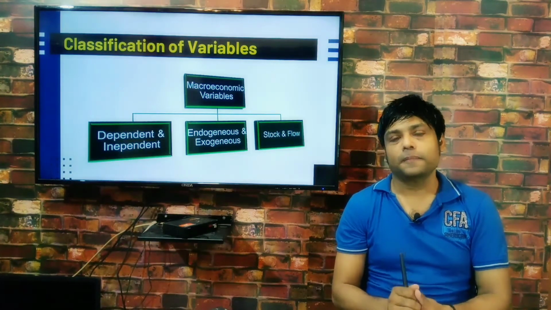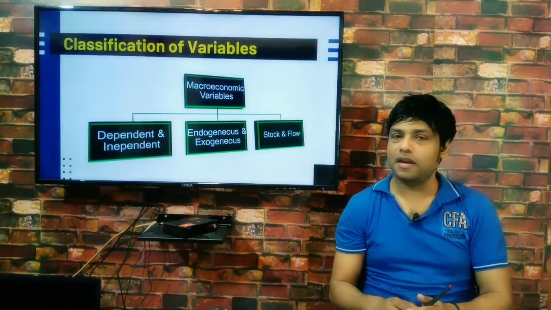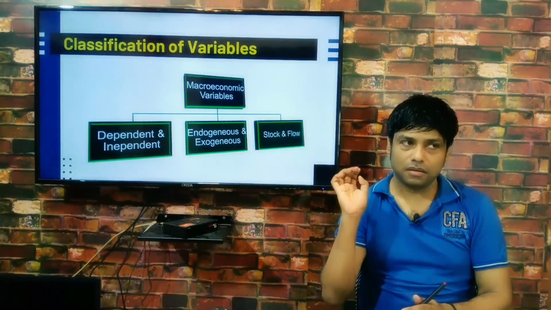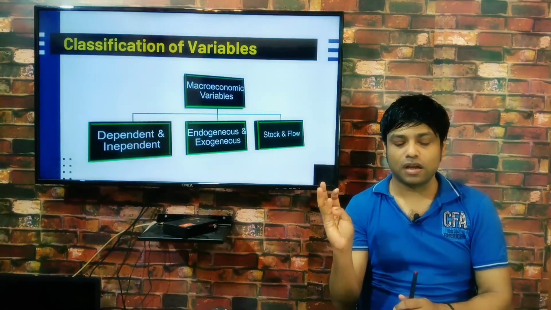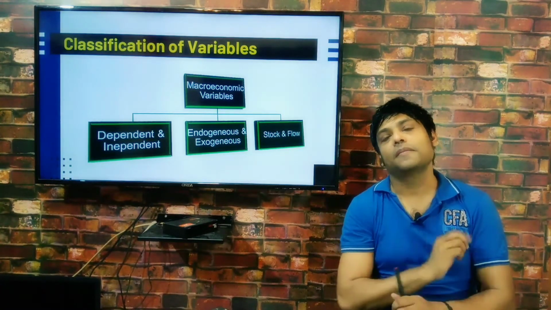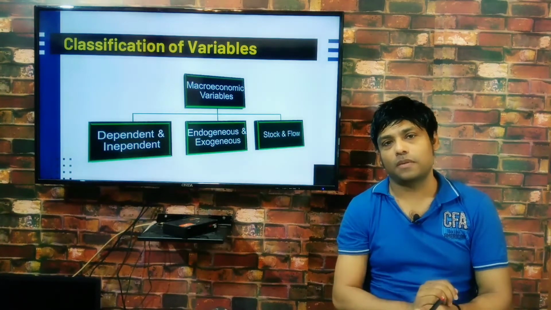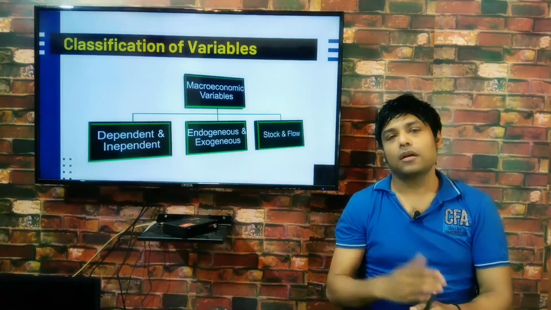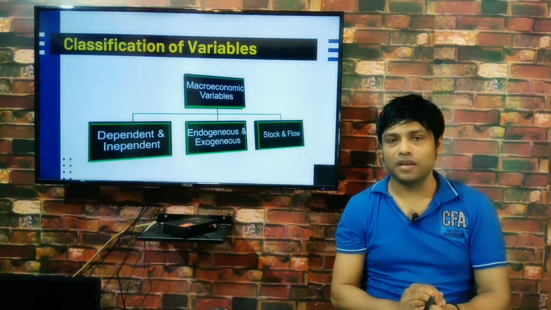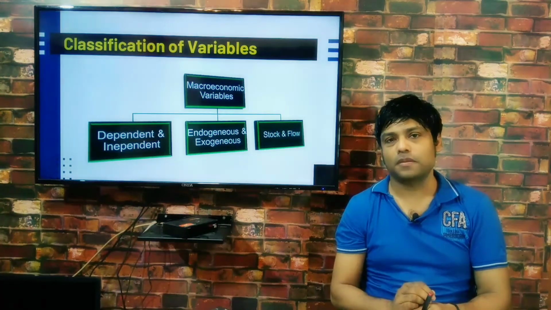You can see variables are generally classified as dependent and independent variables, then endogenous and exogenous variables, and finally stock and flow variables. So one by one we will discuss these three categories of variables.